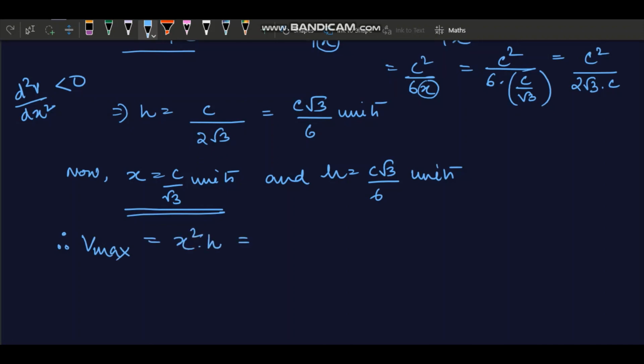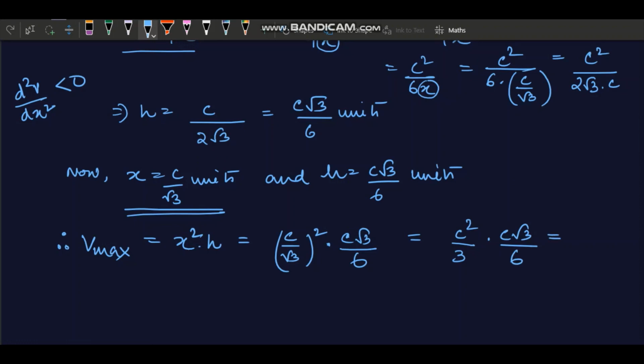In place of x, we are putting c/√3, and because of this square, we have (c/√3) whole square, and h is given by c√3/6. So we have c²/3 into c√3/6, right?